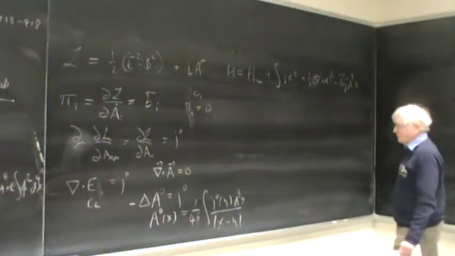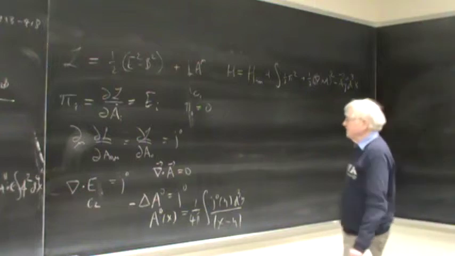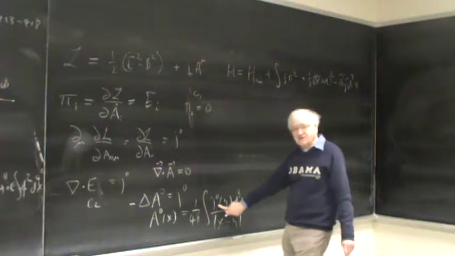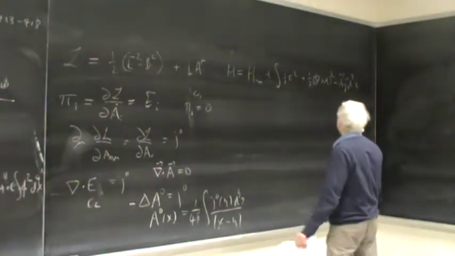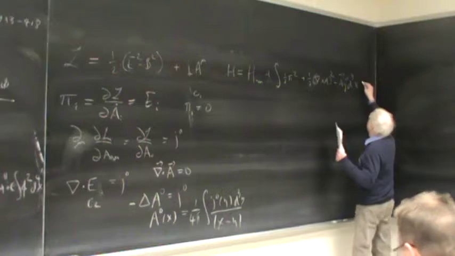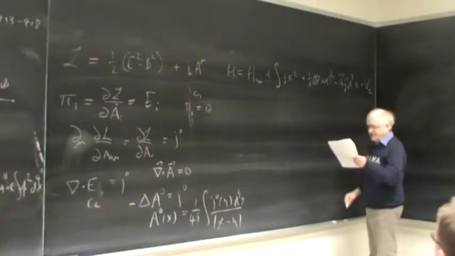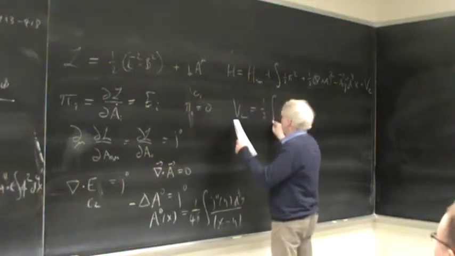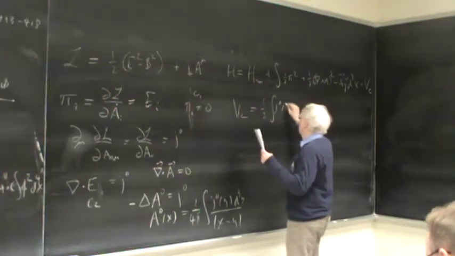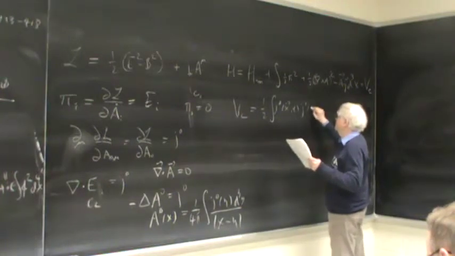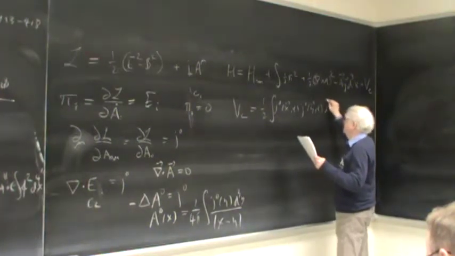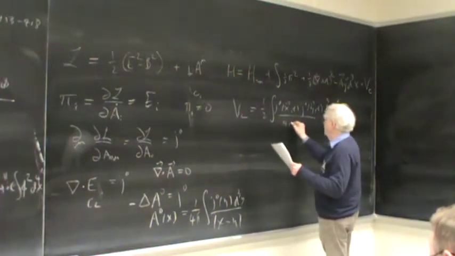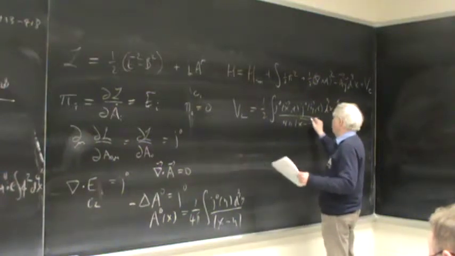Then the A_0 thing, we get rid of A_0 completely, so we just have J_0 times an integral of J_0, and that's what's called the Coulomb term. So I'm just going to write that as the Coulomb potential, where V_c is an integral of J_0(x, t) J_0(y, t) d³x d³y over 4π|x − y|.